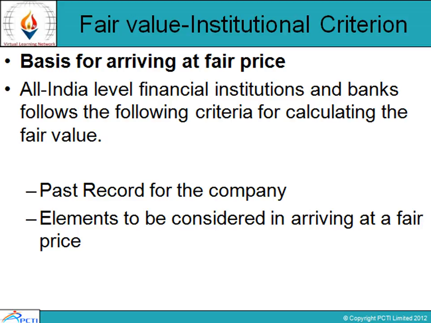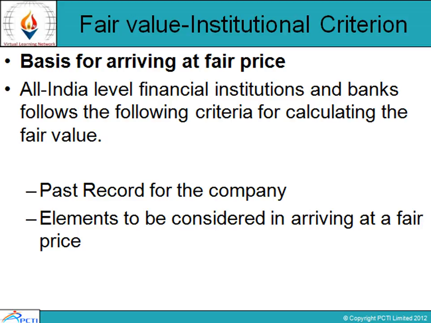Past records of the company: here the fair price is worked out on the basis of past data of the company. The second is the elements which are to be considered in arriving at the fair price. So what are the elements which these financial institutions or banks consider for arriving at a fair value figure?